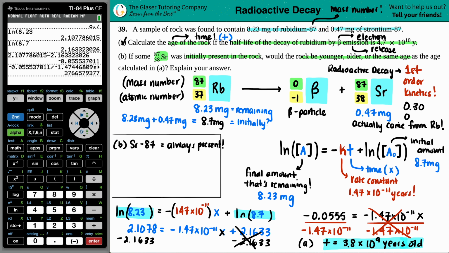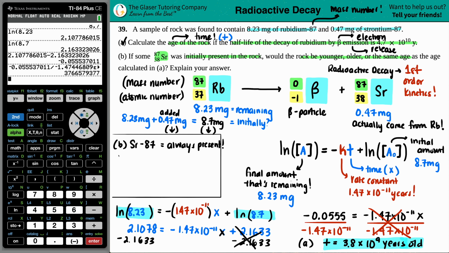So because of that, this added number is going to be lower, right? And if we have a lower added amount, that means that this value would be lower. So instead of dealing with 8.7 milligrams, we would be dealing with something that is less.